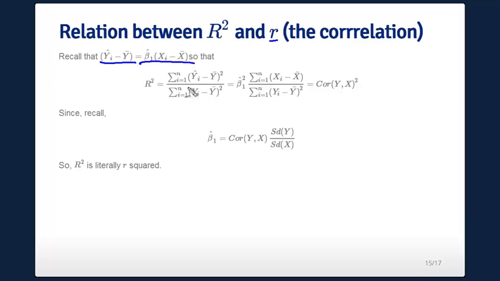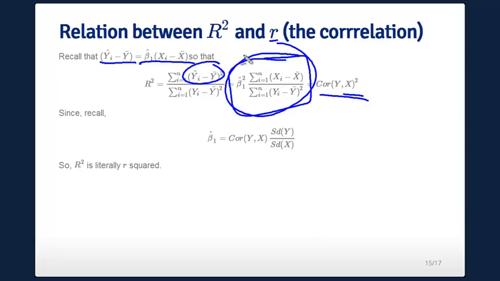If we plug that into here, you can reduce that expression to this right here, which is exactly the correlation squared. It's not immediately obvious why that's the case, but remember you have to plug beta 1 hat, which was the correlation times the ratio of the standard deviations, back into there, and you'll see that's the case.